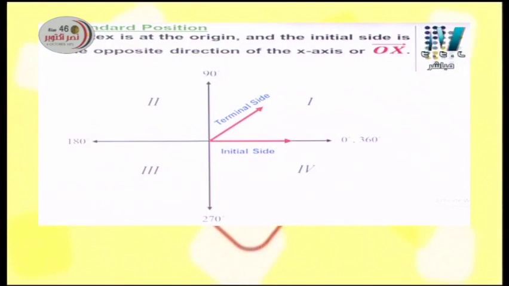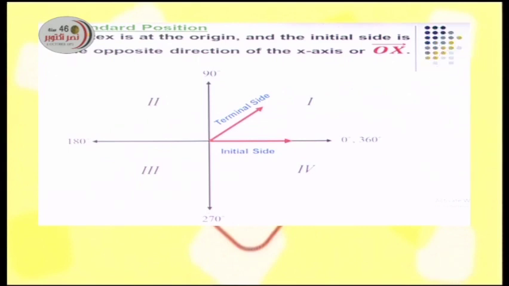This part we call the first quadrant, and this side we call the second quadrant. The first quadrant is between 0 and 90 degrees. The second quadrant is between 90 and 180. The third quadrant is between 180 and 270.